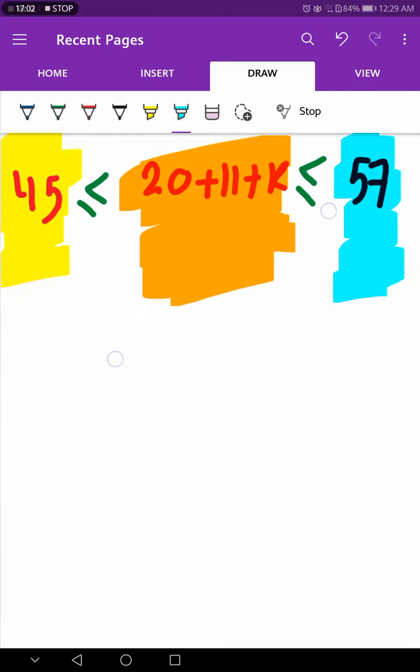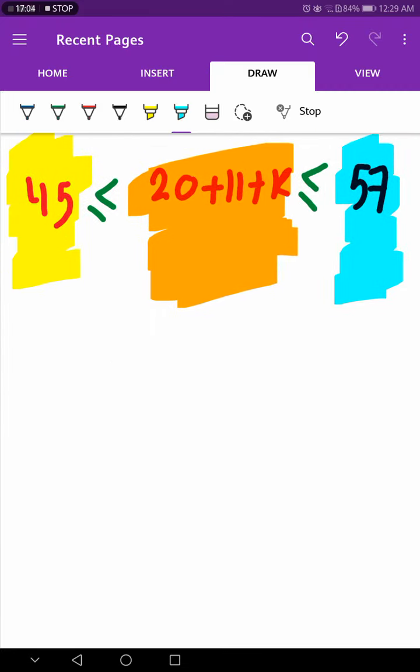Now, my dear student, what you have to do is combine those, or don't. You are free. 20 plus 11, I combine them, they equal 31.